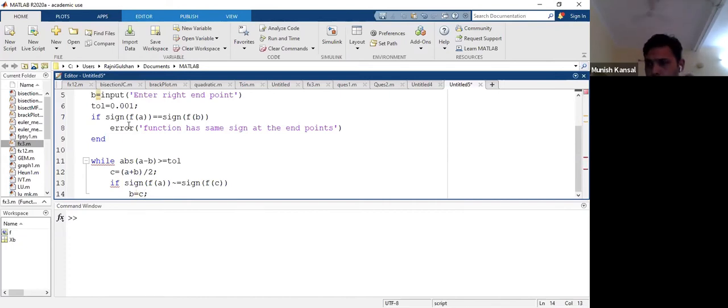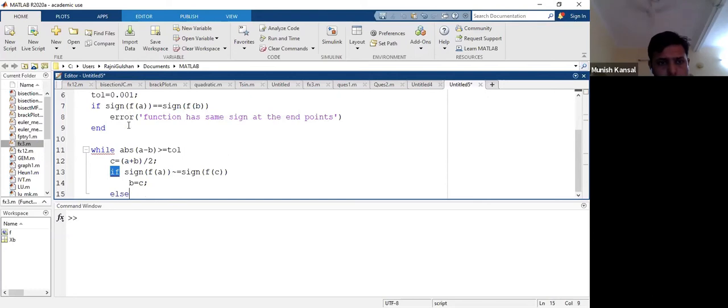Now, if this is not the case, then you make use of the else statement, and you refine your a. This is the condition, because if the sign at a and c is opposite, then the right hand point is refined. If the sign at c and b is opposite, then your left hand point is refined. So else we make a is equal to c.